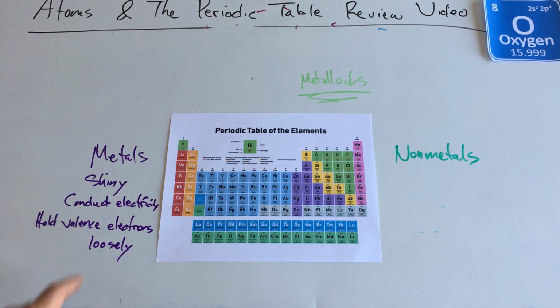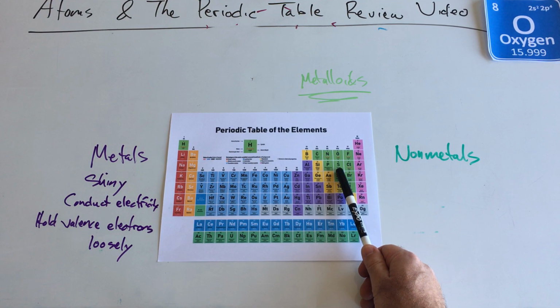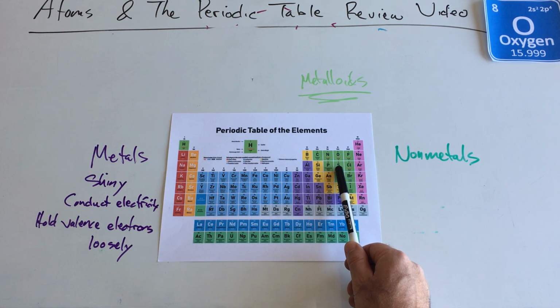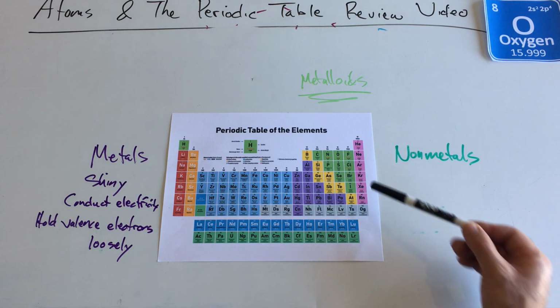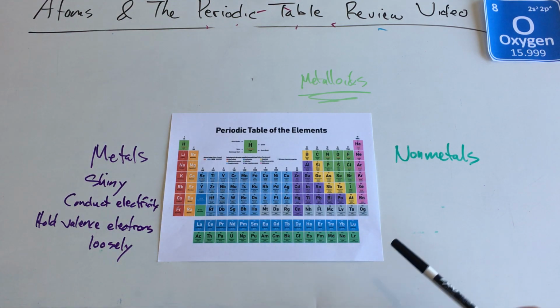What that means is, if we look at, let's say, sulfur. If we look at sulfur, we see that sulfur is way out here. Now, if we squint and get real close, we'll see there's a number 16 above it. It has 16 protons.